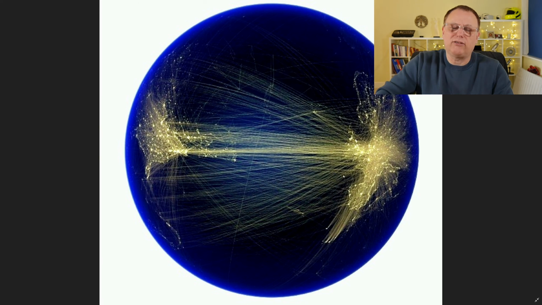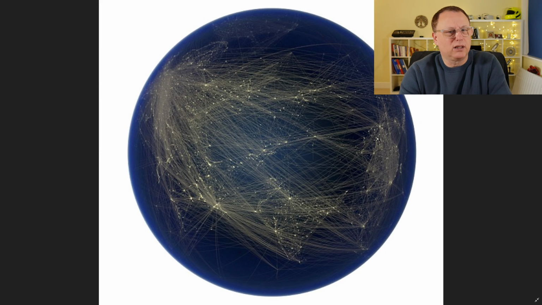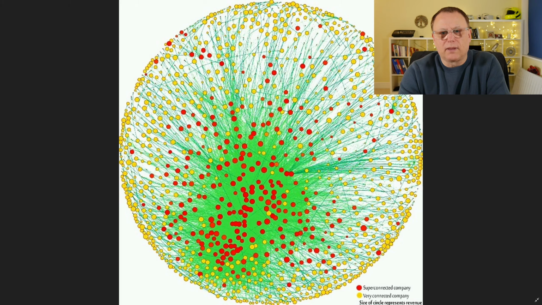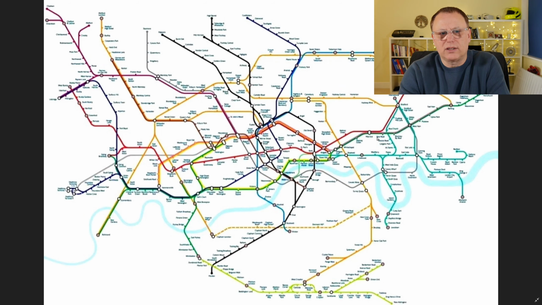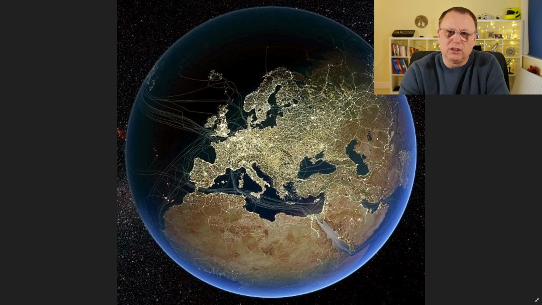So actually, this is the flight path. Again, we get that same networking branching structure. This is a subway map of what London would look like if it was represented by how the lines actually work. Again, the branching structures.